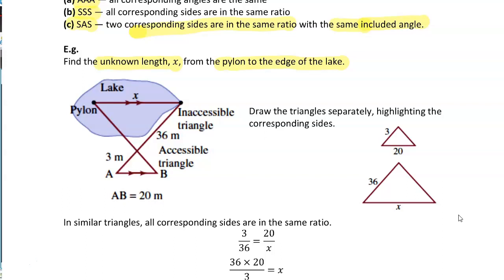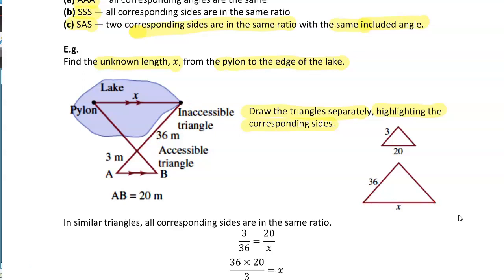To make life easier for ourselves, we draw the triangles separately, highlighting the corresponding sides. There's that small triangle there, 3 and 20. Then we've got the larger triangle there, which has 36 and x.